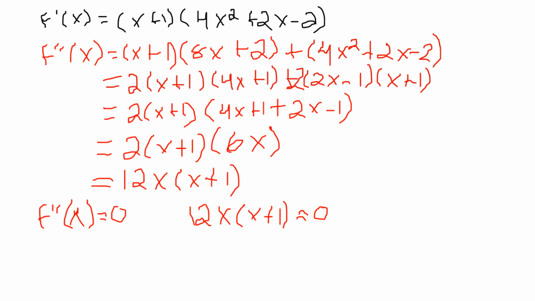So we get that x is equal to 0, or x is equal to -1. So now we're going to do the second derivative test, which means again we're going to make that same number line, and we're going to have the points that we just found, so -1 and 0.